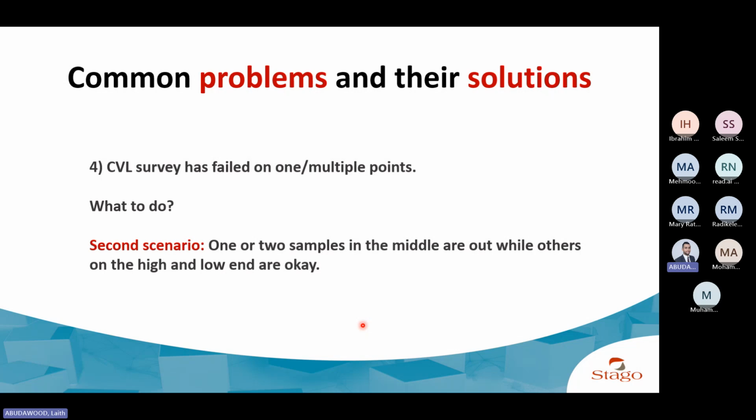Now, when one of the two extremes fails, usually this is not a very good sign. You need to investigate your system for a problem. Sometimes, not always, it can be a problem with your reagent, or a problem with your photometry. It occasionally can be a problem with the CVL materials themselves. But this tends to be a problem with the system.